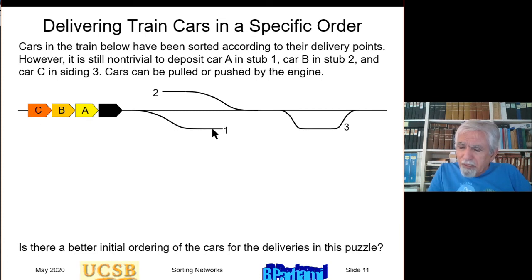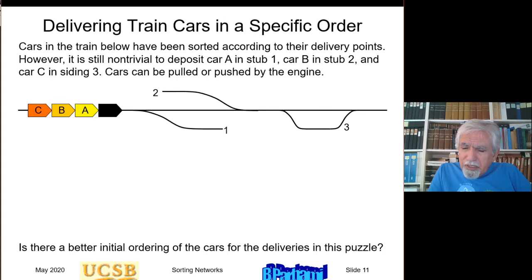Car A must be delivered here, car B must be delivered here, and car C must be left here. Okay? Notice that if the engine tries to pull car A into the siding, it can't leave it there because it will be stuck behind car A. So that's why it's a puzzle. We have to figure out a way to deliver car A onto the siding without the engine being stuck behind.